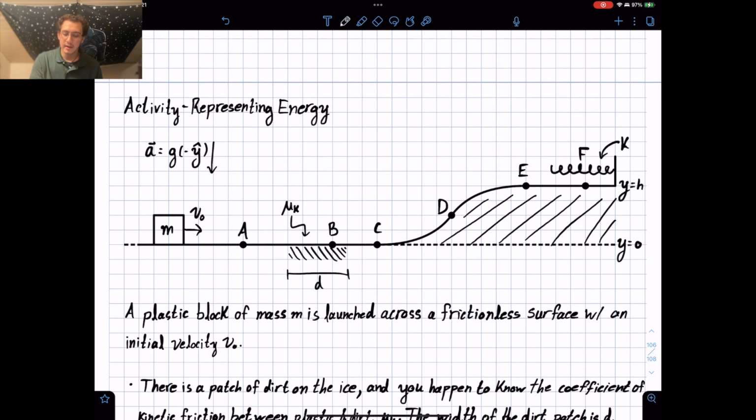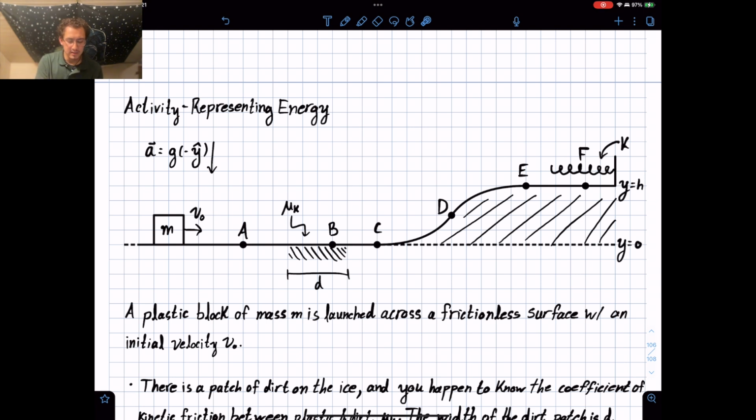Now let's look back right here and look at C. If it comes out of this section of dirt and it has some velocity after the fact, then there's nothing slowing it down in this region. And once it gets to C, it's still going to have a velocity.